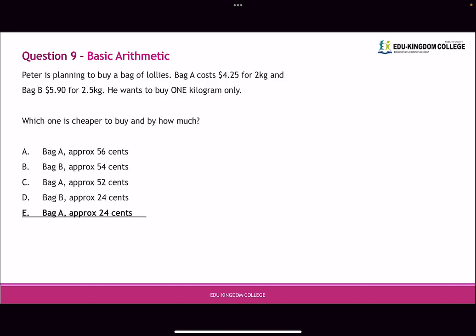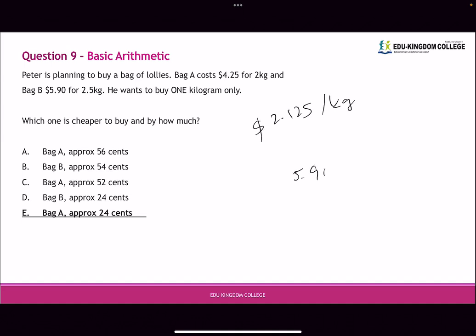Question 9. So we have Peter, who's planning to buy a bag of lollies. He wants to buy 1 kilogram only. So bag A is 2.125 per kilogram. And then bag B, 590 divided by 2.5. Let's divide it by 5 to see what 0.5 kilograms is.